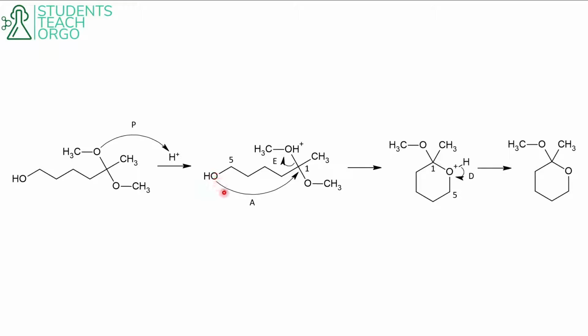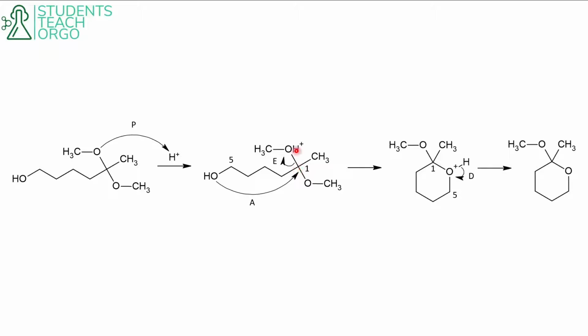Now, in order to make this attack step occur, if we want to form a bond between this oxygen and this carbon, we need to break one of the bonds that this carbon already has, right? Looking at this intermediate, this carbon already has 4 bonds: one here, one here, one here, and one here. So in order to form another bond, we need to break one of these existing bonds because carbon can only have up to 4 bonds.